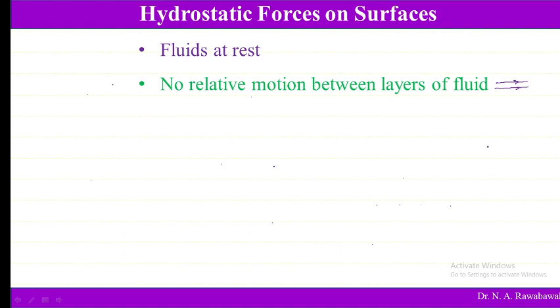If there is no relative motion between the fluid layers, that means there is no velocity gradient. No velocity gradient means, as we have seen, the change in velocity with respect to y, du by dy, is going to be 0. So if the velocity at the first layer is 0, then the velocity at the second layer is also 0.